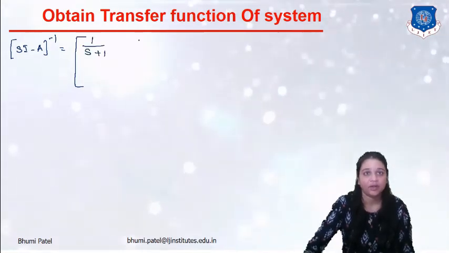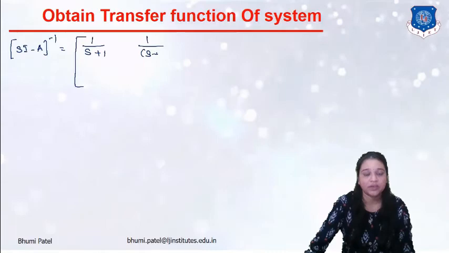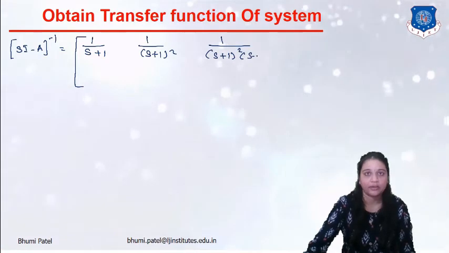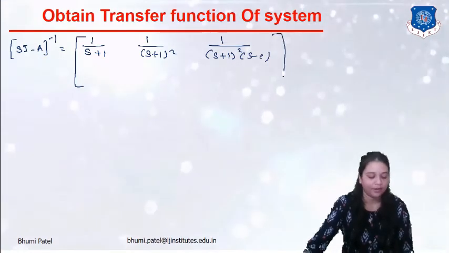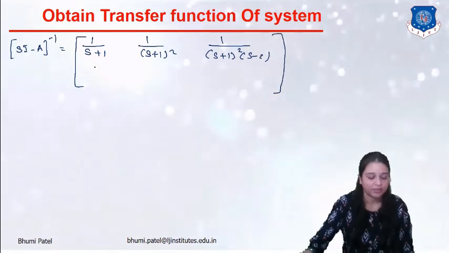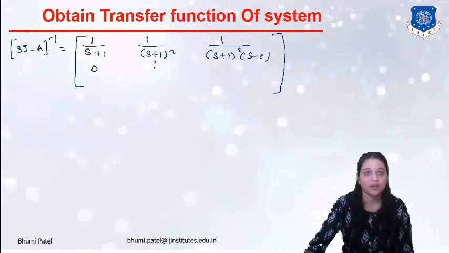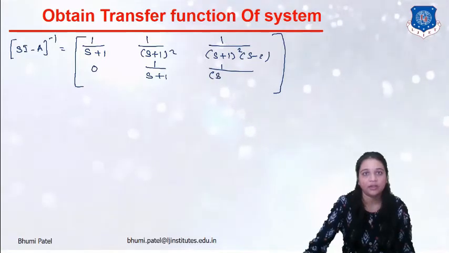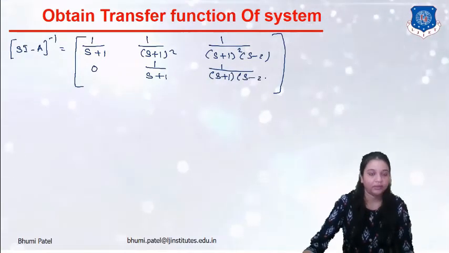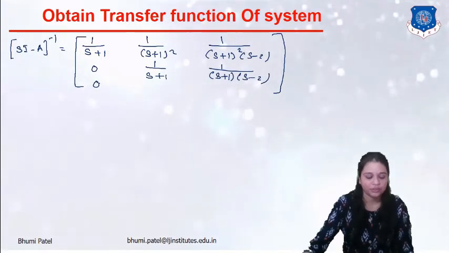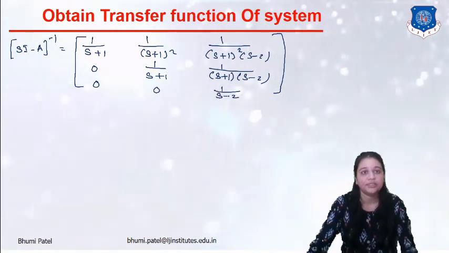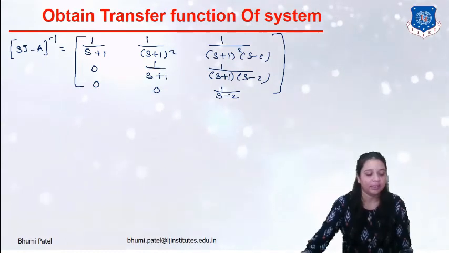In the next step 1 upon S plus 1 whole square and then 1 upon S plus 1 whole square S minus 2. Okay, in the second row it is 0, that means 0, 1 upon S plus 1 and 1 upon S plus 1 S minus 2. And in the third row it is 0, 0 and 1 upon S minus 2.